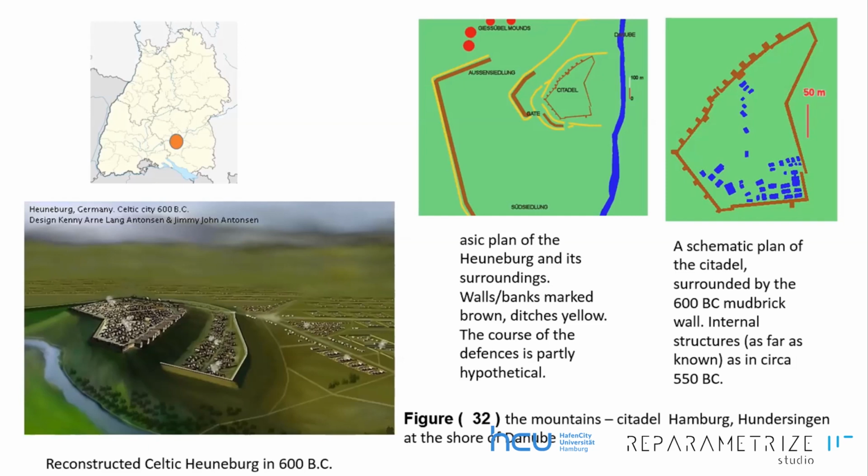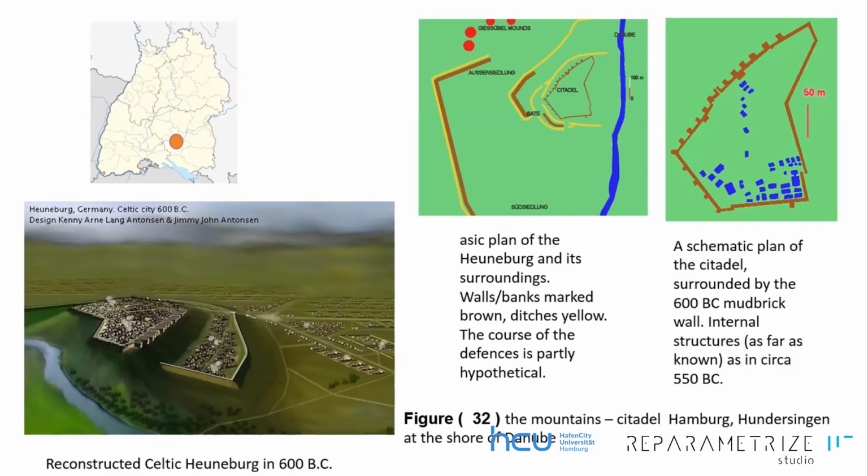The thickness is about 3 meters, and we also have towers every 3 meters. Also, we can see these towers. So it is a very important building or site in Germany. It shows that mud brick or mud buildings are very important in this area.